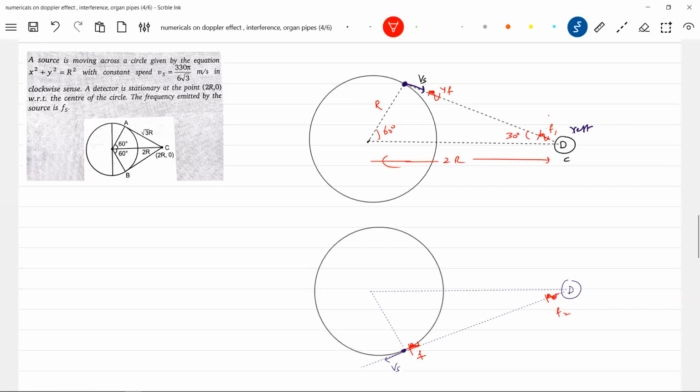Find the frequency emitted by the source. The frequency emitted by the source is Fs. He's asking what are the coordinates of the source when the detector records the maximum and minimum frequencies, and what are those maximum and minimum frequencies? So let me put the question.